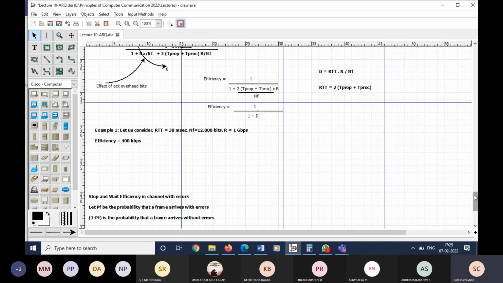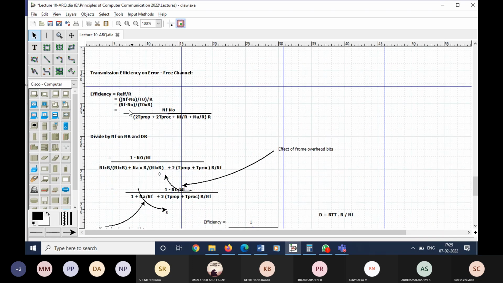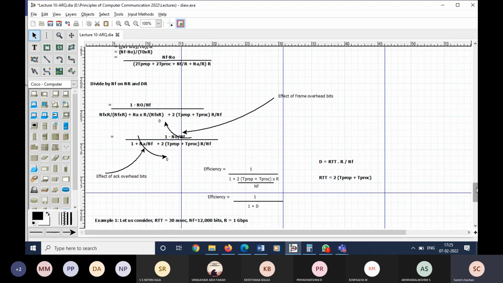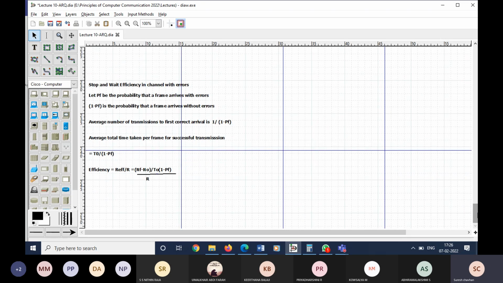You can refer back here. Efficiency is R effective divided by R, and R effective we got from NF minus N0 divided by T0, and divided by R. So same formula we are using, but here the average total time taken per frame for successful transmission is T0 divided by 1 minus PF.